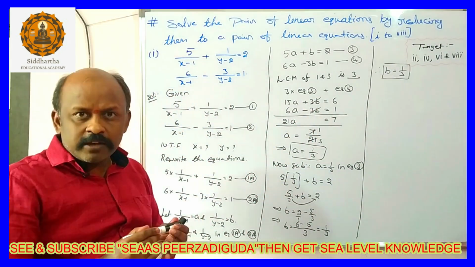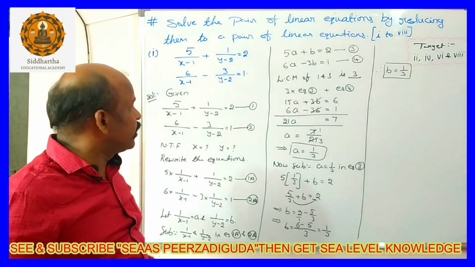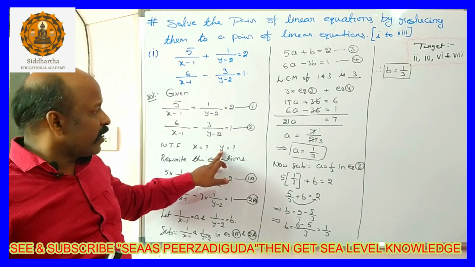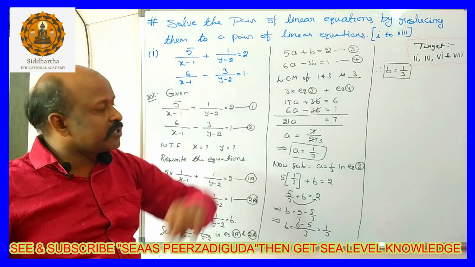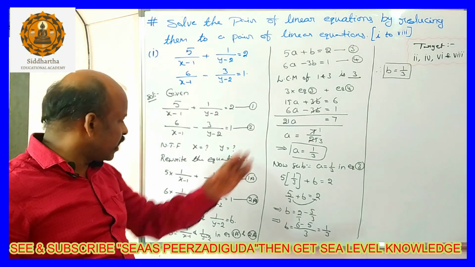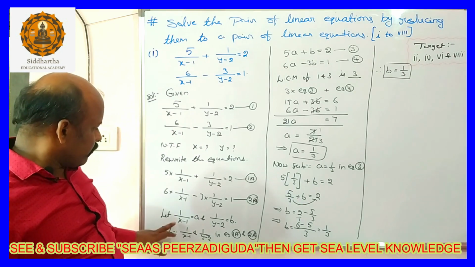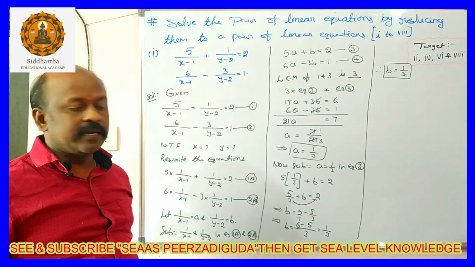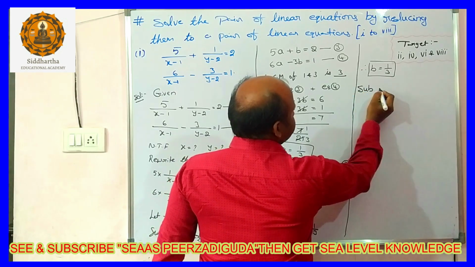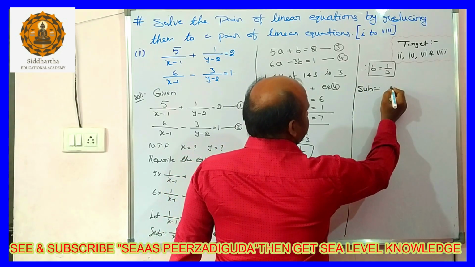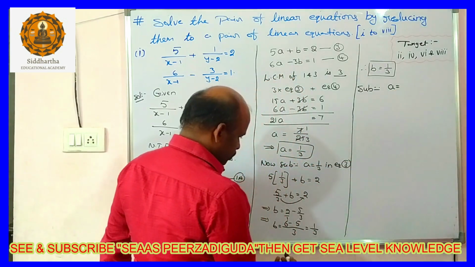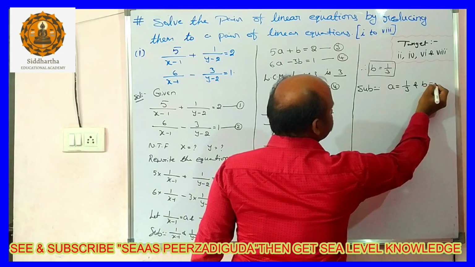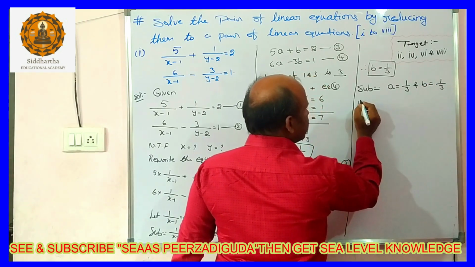So after getting the a value and b value, what do we need to find? We need to find the values of x and y. So for finding x and y values, we have to substitute the values of a and b in 1 by x minus 1 is equal to a and 1 by y minus 2 is equal to b. Substitute a is equal to 1 by 3 and b is equal to 1 by 3.